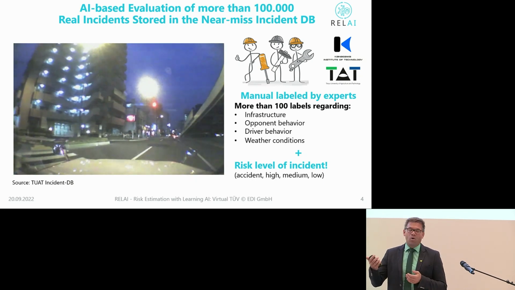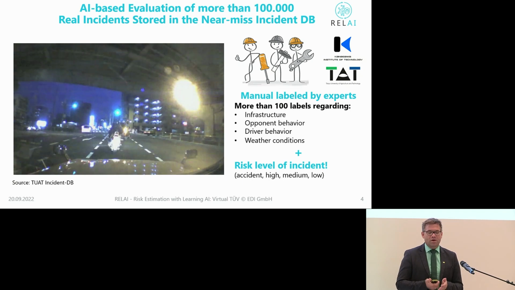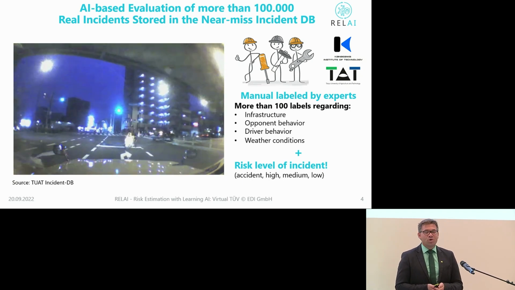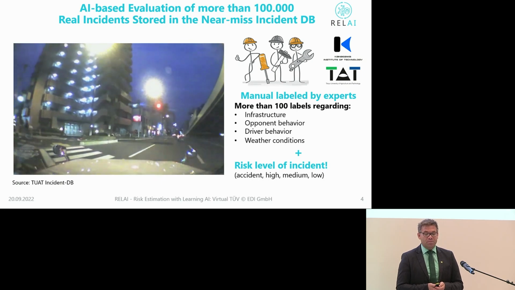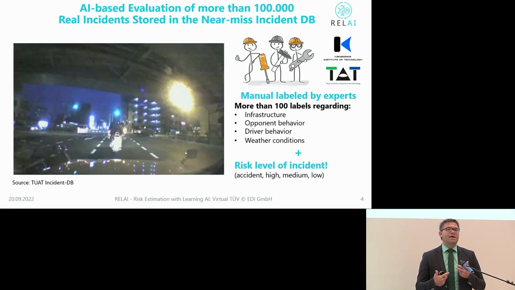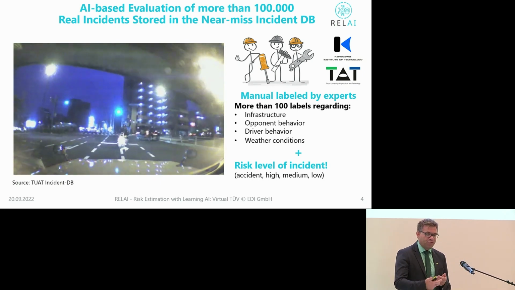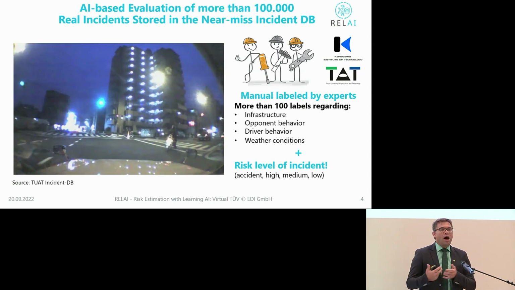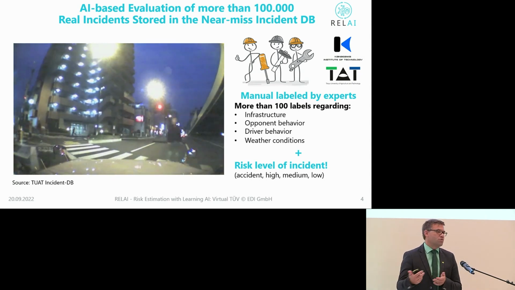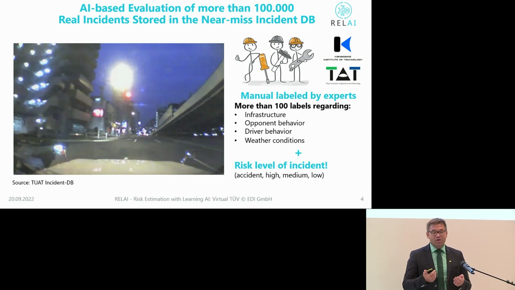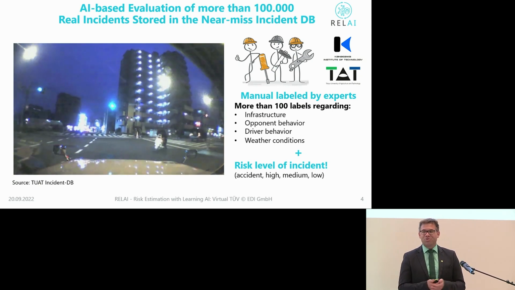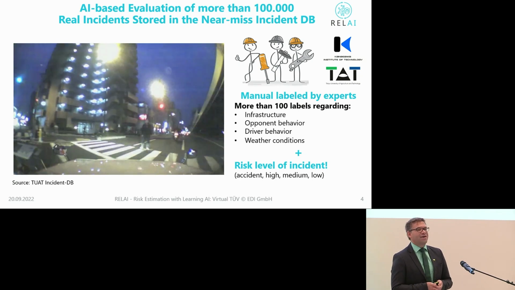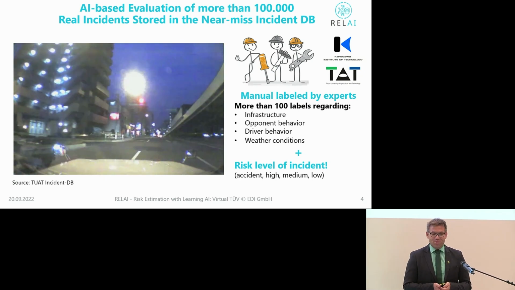For sure, we know whether it is one-way or two lanes, but different intersection types were also labeled. We also have a lot of information about the opponents. For example, if the opponent was dashing out, how his behavior was, whether he was swinging on the road, and we also have the label whether the pedestrian was drunk or not. That could also happen in Japan if you are in special areas, where you will find some drunk people.